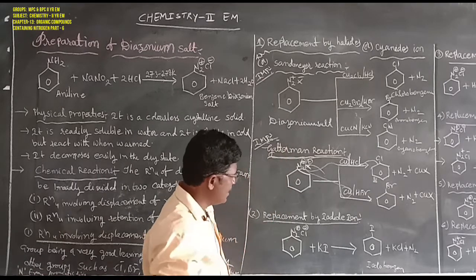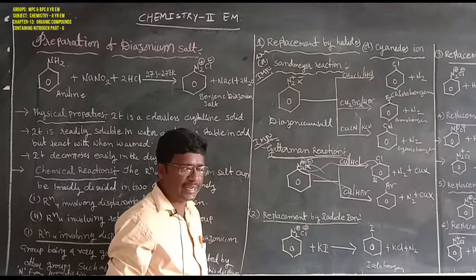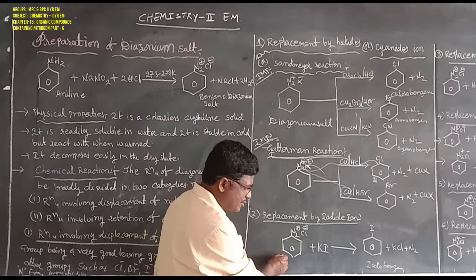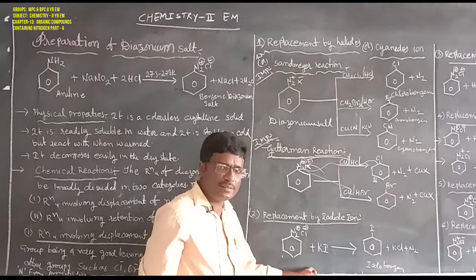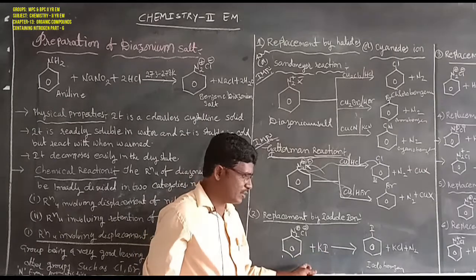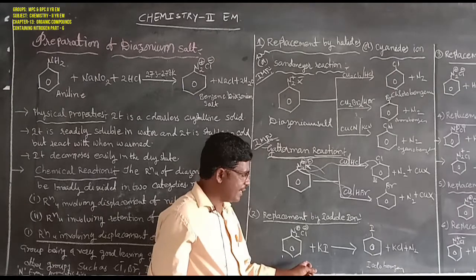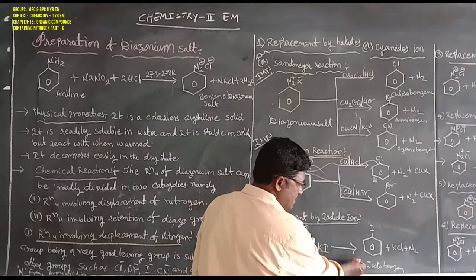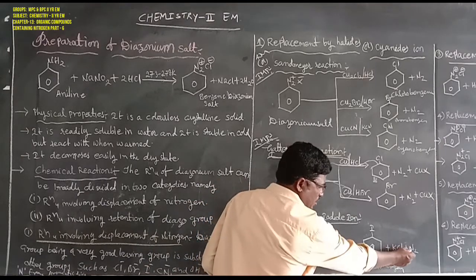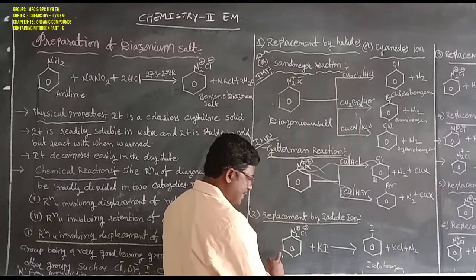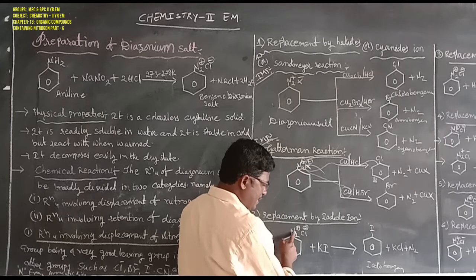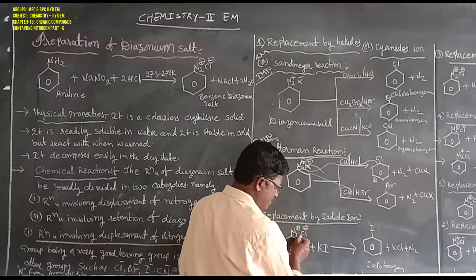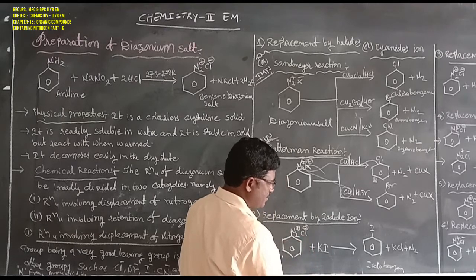Next, another one, replacement by the iodide ion. Here is the benzene diazonium chloride treated with potassium iodide at 278 degrees centigrade, then iodobenzene is formed, with removal of N2 and KCl. In this reaction, the displacement of the nitrogen atom is replaced by iodine.